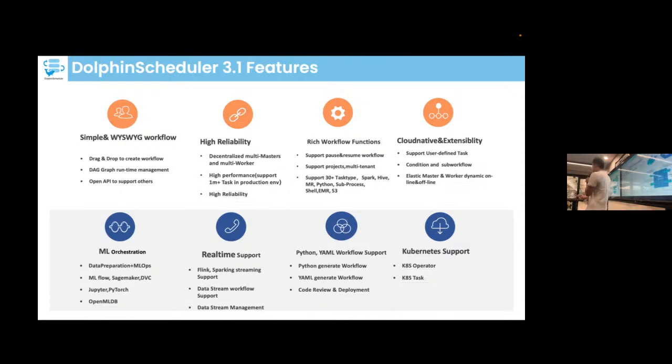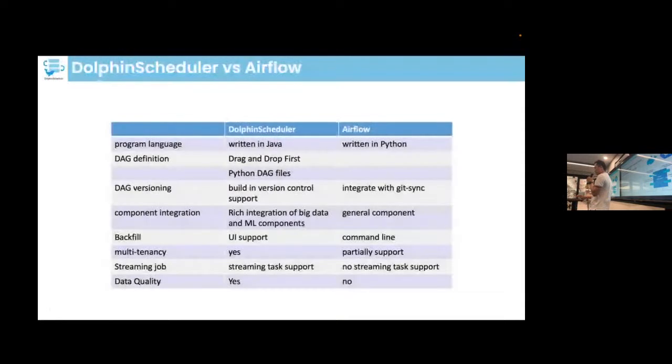Also, DolphinScheduler is cloud native and extensible. It supports Docker and Kubernetes, including Kubernetes tasks. Also, if you use Java, you can use the SPI to define your own task type.